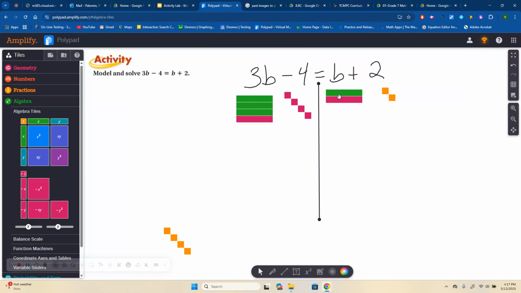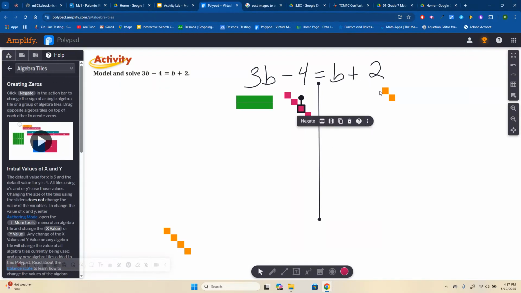These guys are opposites of each other. So this is b and this is negative b. When I put them here, they cancel out. You see that? They're gone. And when I put this guy over here, it cancels this guy out. And that's it. There's my 2b minus 4 equals 2.